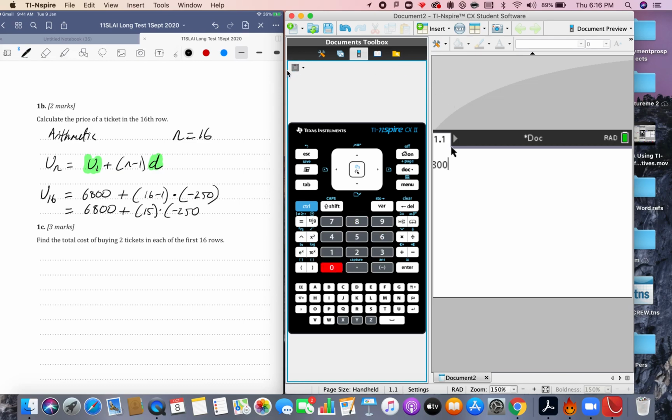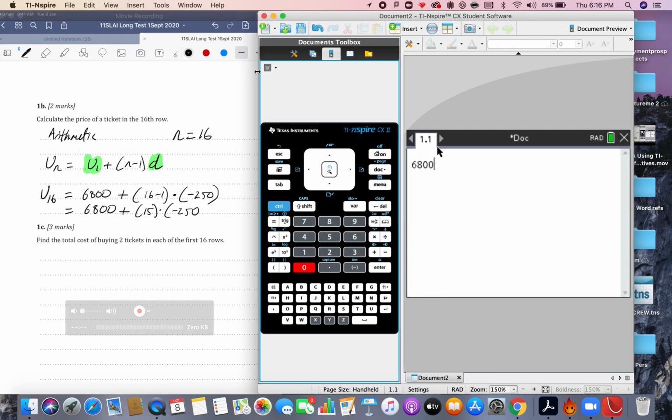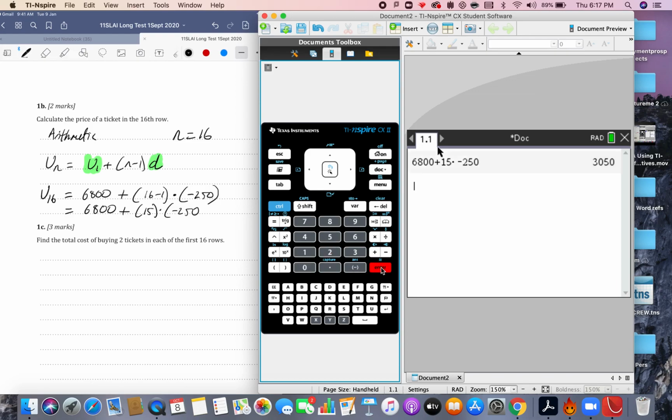Let me make that calculator a little bit bigger so you can see the screen. 6,800 plus 15 times by negative 250. And that gives us 3,050. That makes sense because remember the ticket prices are coming down. So that's 3,050.